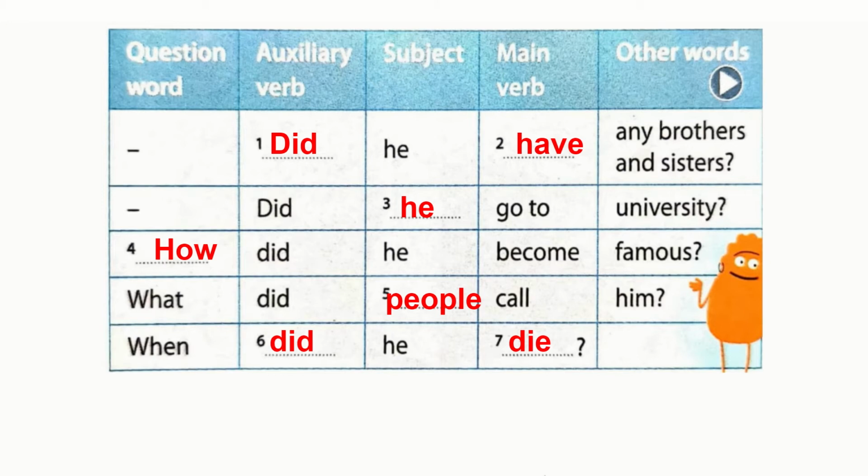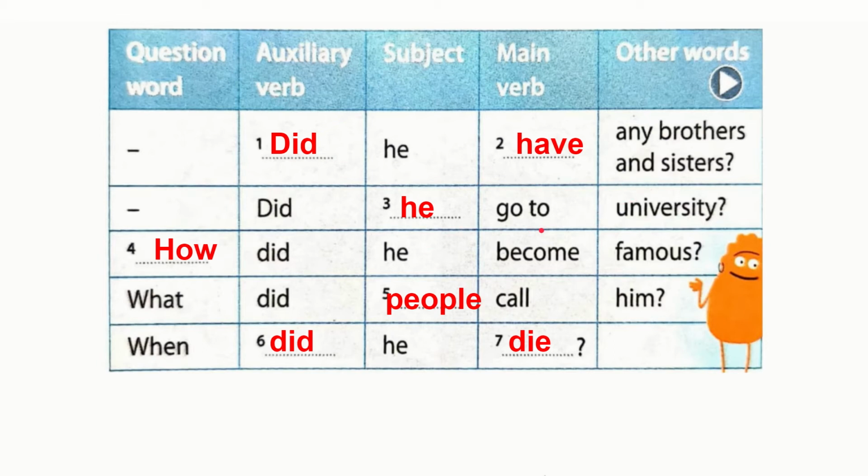Do you still remember this table that we have studied and learned in Part 1? Let's refresh your memory. Our sentences starting with did. You use the question sentence as, did he have any brothers and sisters?